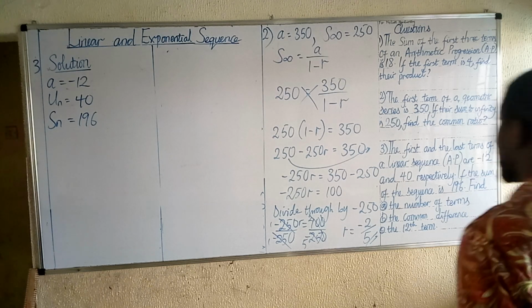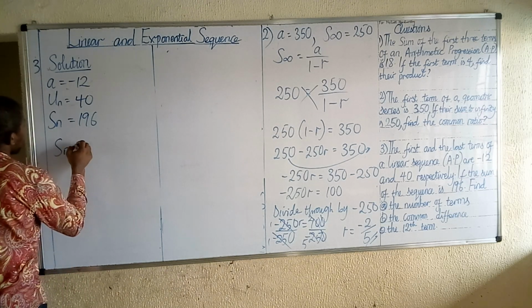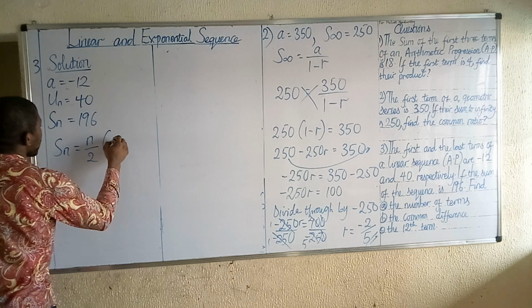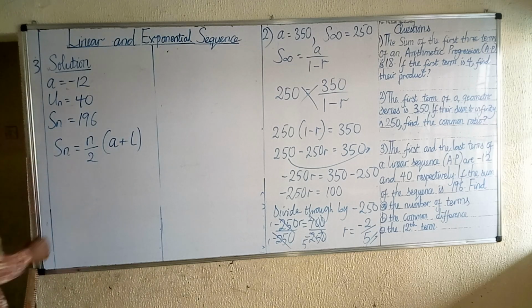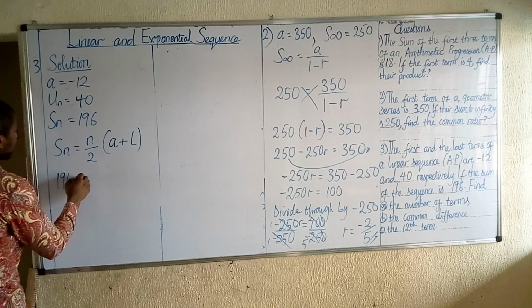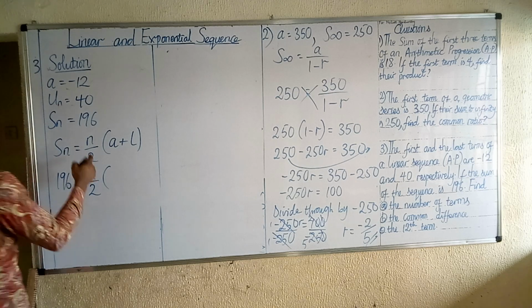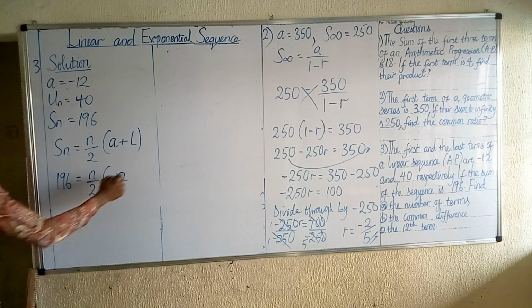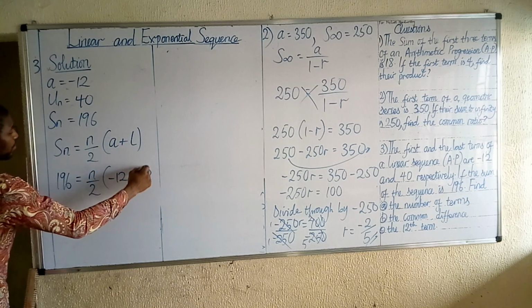We are going to use the formula for the sum of the sequence, which is Sn equal to n over 2 multiplied by the first term plus the last term. This R stands for the last term. So let us substitute. Our Sn here is 196 equal to n over 2, bracket open, we have our first term A, negative 12, plus the last term, 40.